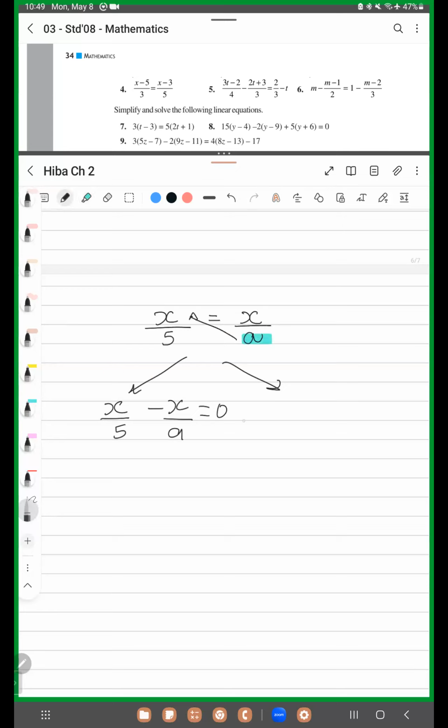This can become x by 5 into a equals x. और फिर ये हमारा जो 5 था, this also we can send to the other side. We can say x into a equals x into 5 because this 5 went to the other side. अब आपको ये clear हुआ थोड़ा बहुत?